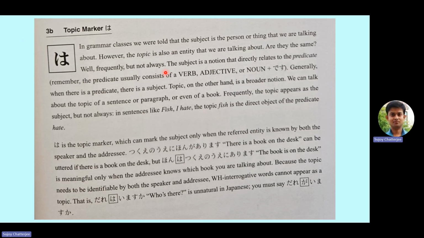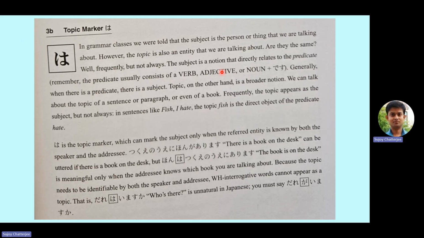The subject is a notion that directly relates to the predicate. That means whatever verb, adjective and other things are in the predicate, the noun which relates to these actions or qualities will be the subject of the sentence.